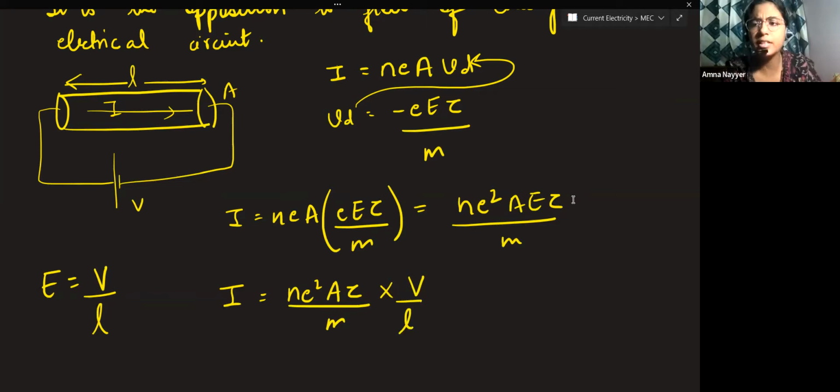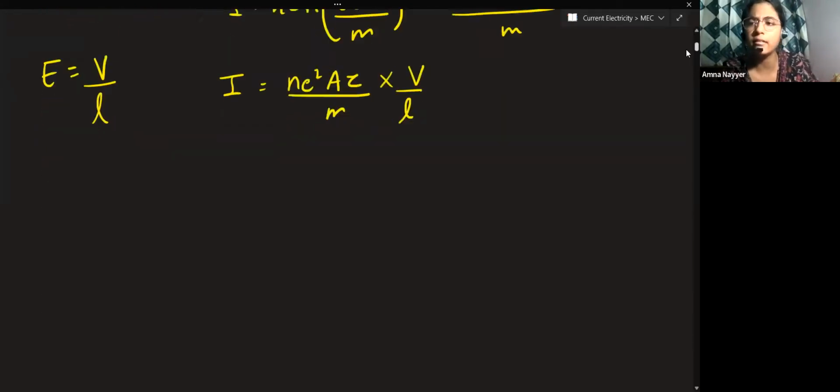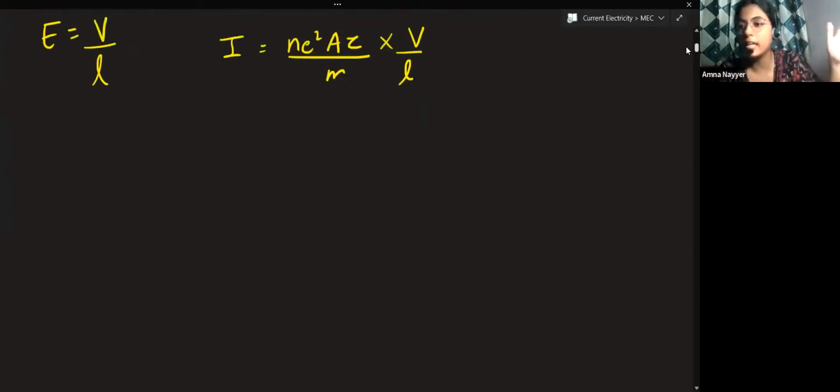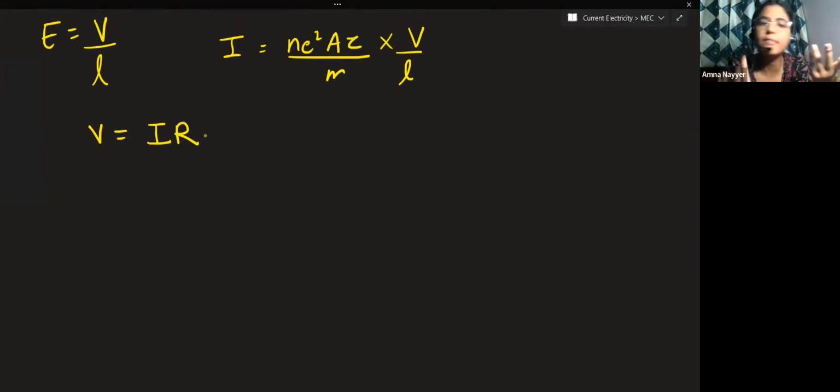See, this derivation of resistance and resistivity is not a tough one. It's an easy derivation. It's better than the derivation of drift velocity, which was longer. Now see, Ohm's law was V is equal to IR, meaning if V is proportional to I, whatever term remains will be the resistance because it's the constant.